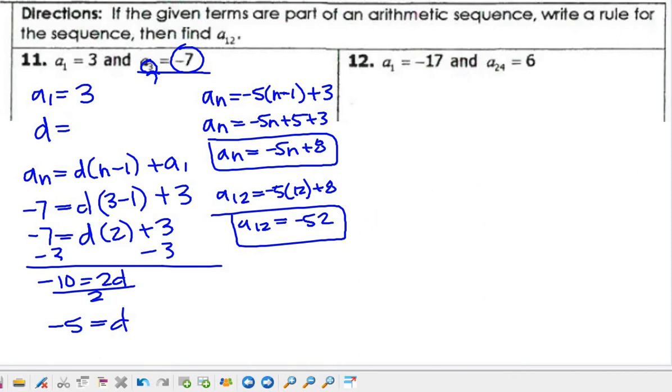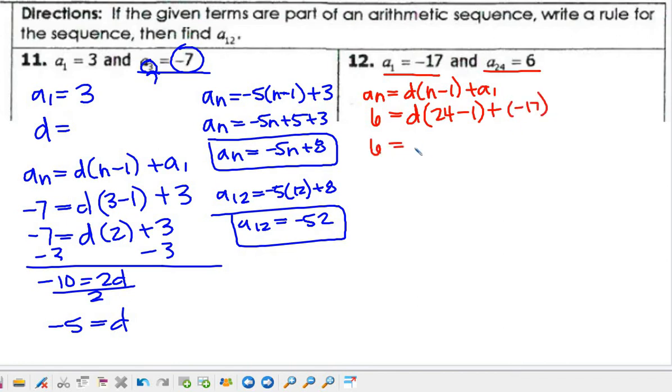Okay, so same thing with the next problem. We are given a sub 1, and then this is a sub n. So a sub n is equal to my common difference times n minus 1 plus a sub 1. So a sub n is equal to 6, my common difference. My n, if my term value is 6, then my term number is 24, minus 1, plus my first term.